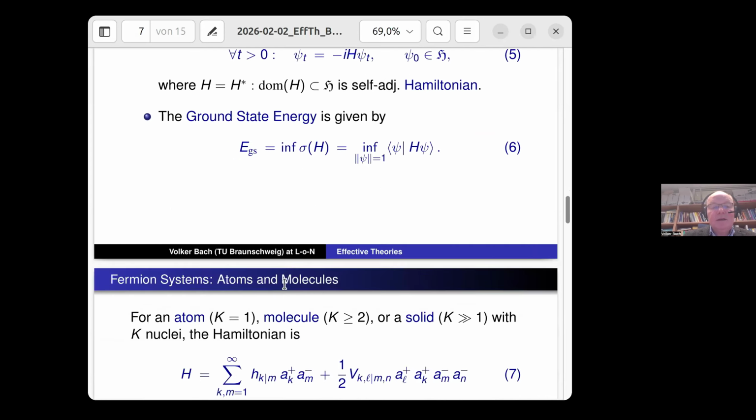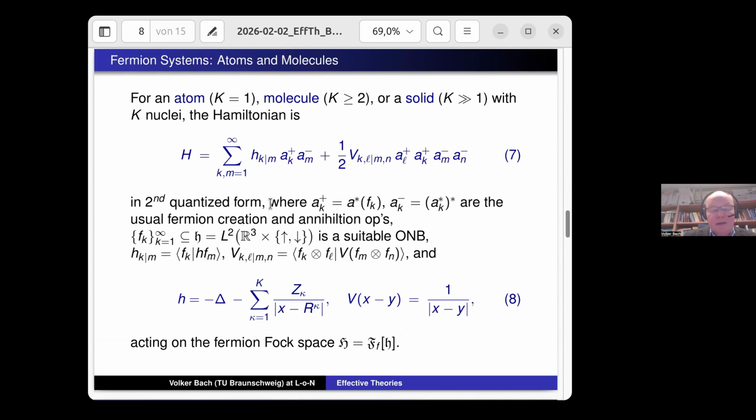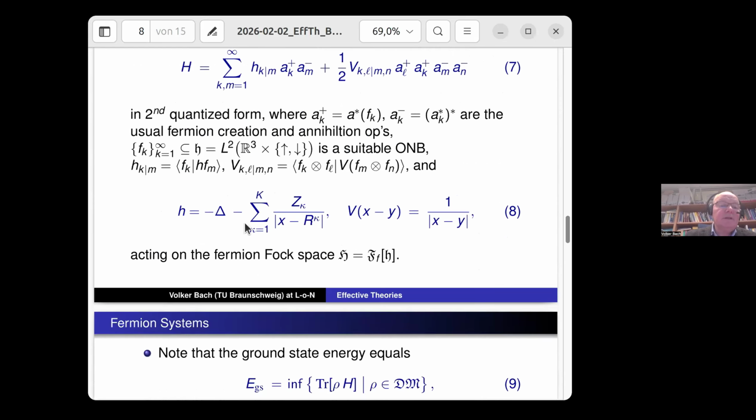Basically, it's already an unsurmountable problem to compute it, and we resort to effective theories and approximations made by these. So let me come to the effective theories here.